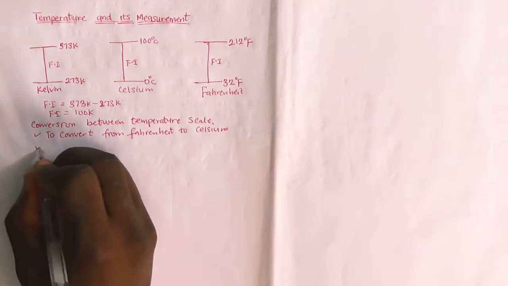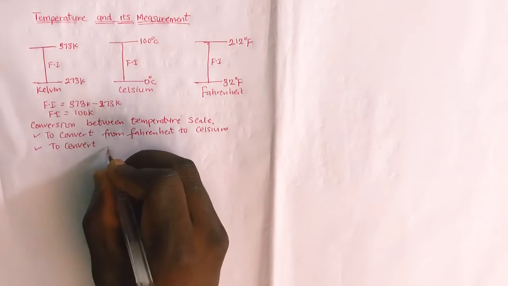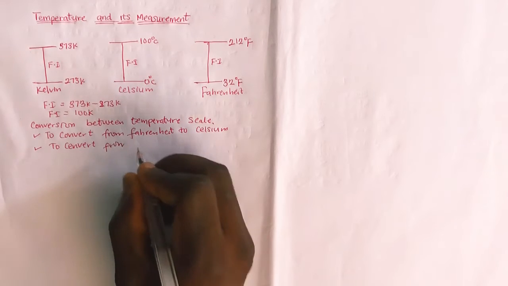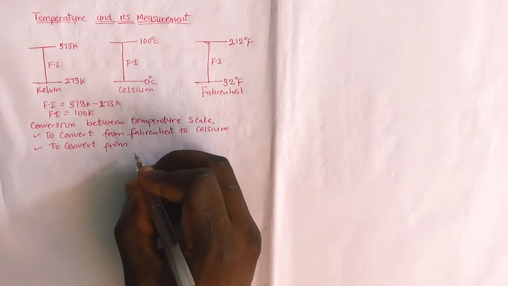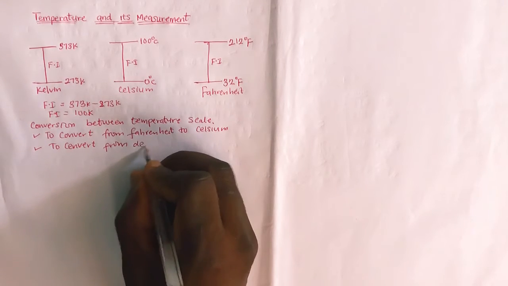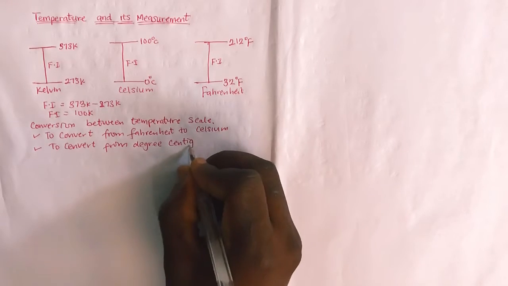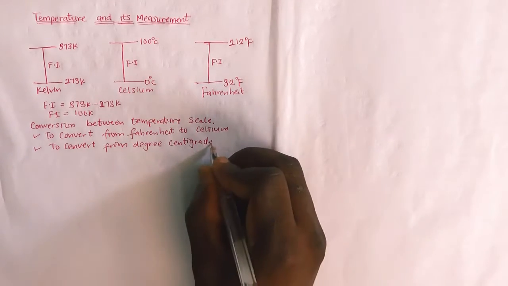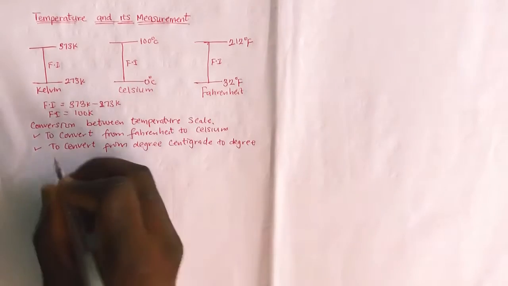After that, we have to convert from Celsius, or you say degree centigrade, okay, let's use this degree centigrade, which is also Celsius, to Fahrenheit, to degree Fahrenheit.